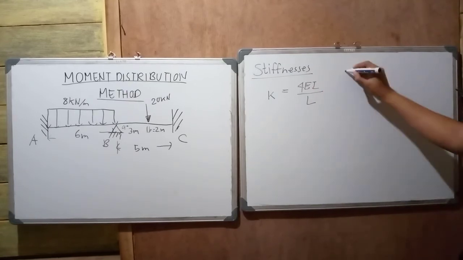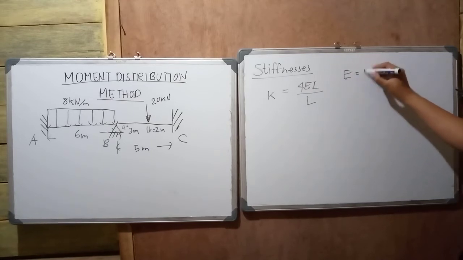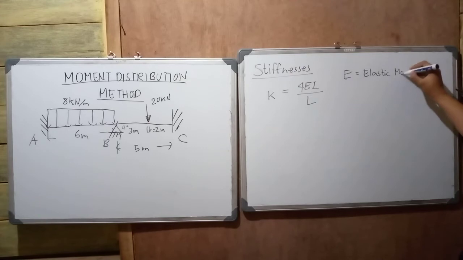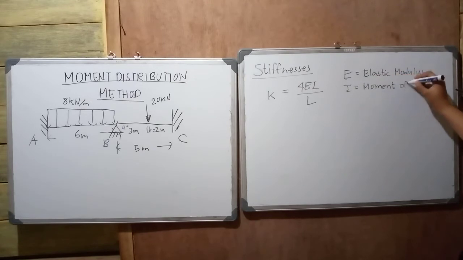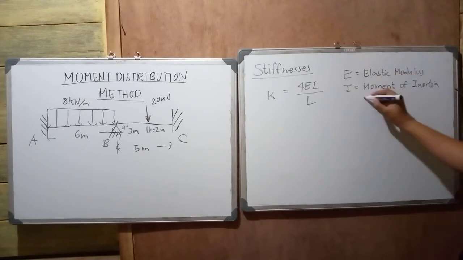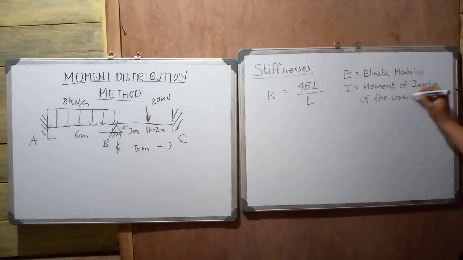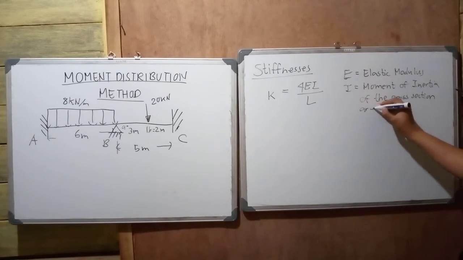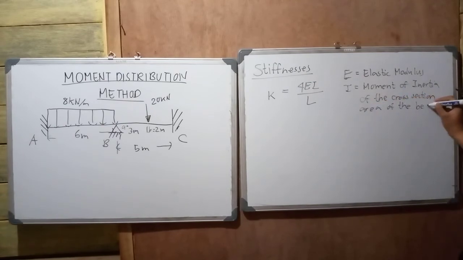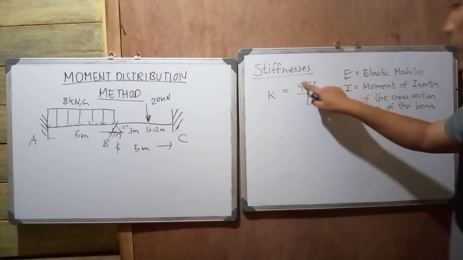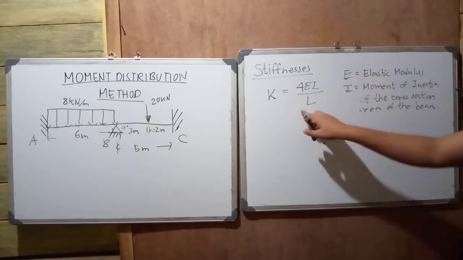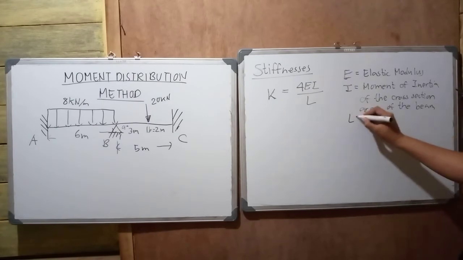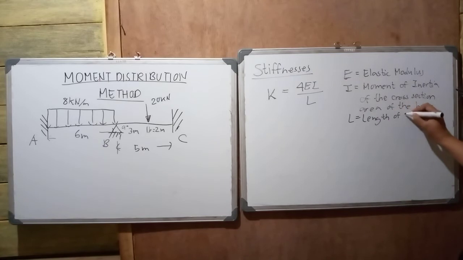Where E here is the elastic modulus, I is the moment of inertia of the cross-section area of the beam. This is the uniform K, or stiffness. L is the length of the member, because a member can also be standing upright.